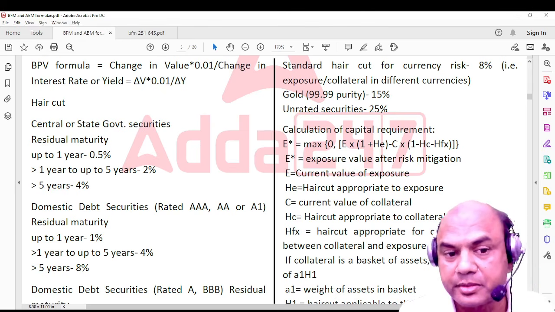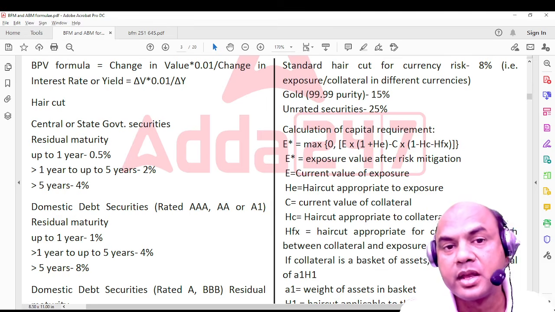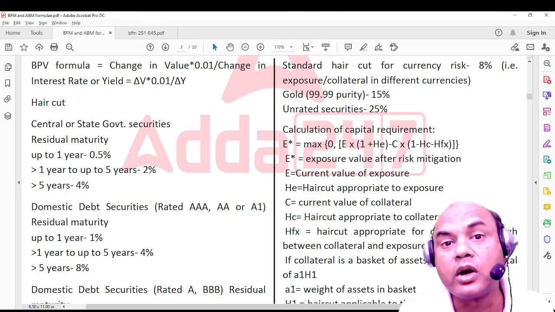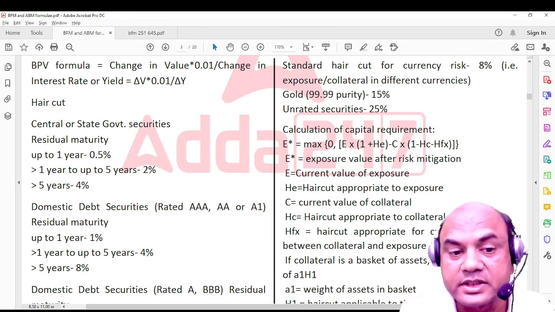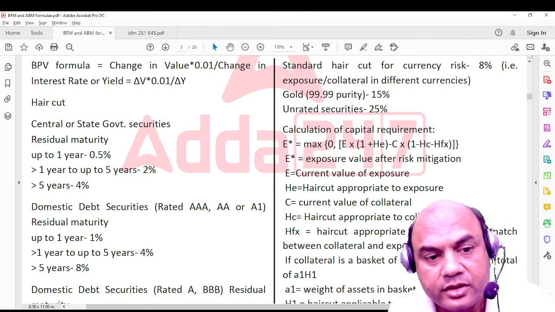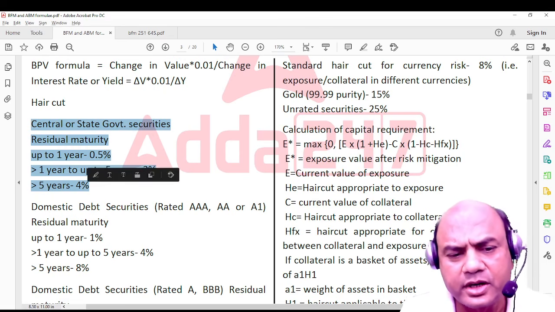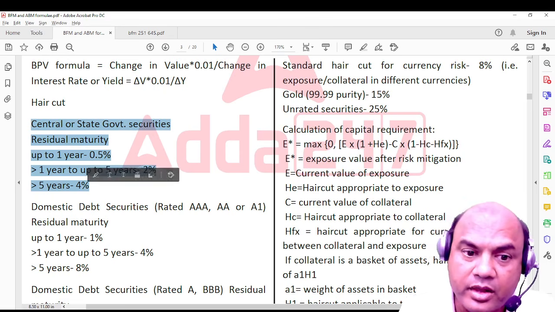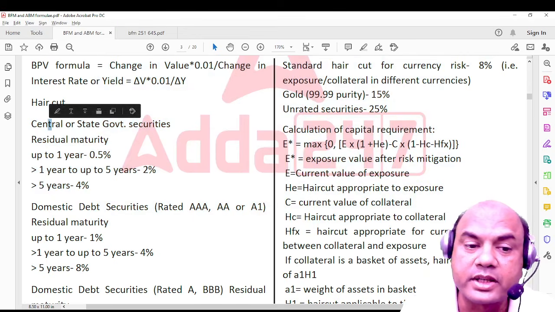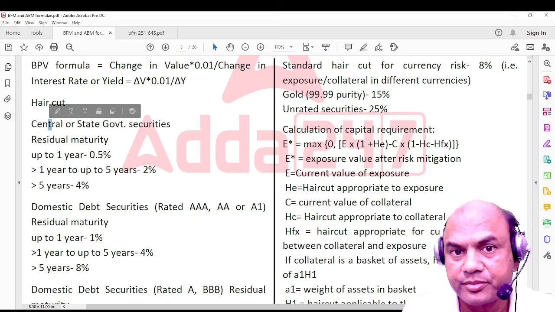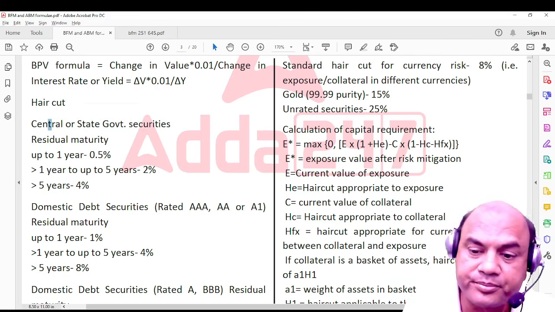But there is a problem in this. The problem is government securities are not rated in India. Now this is a universal formula, throughout the world it is followed. But in our country, we don't rate government securities. It's called a sovereign rating. Kindly remember this line.